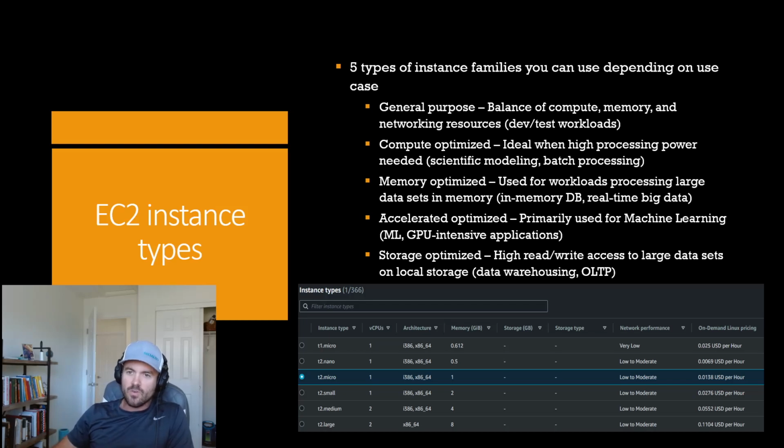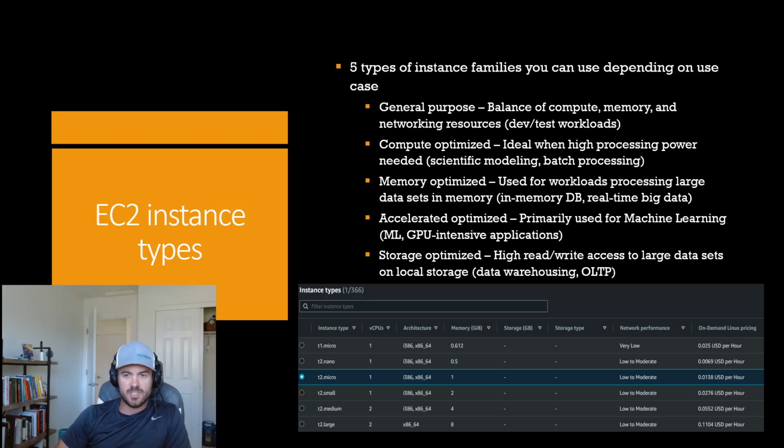After a while, you'll know what your production, your important and critical workloads are, and you can get a more appropriate instance. But for the most part, general purpose can meet most requirements, but long term, you're probably going to want to get something a little more specific.